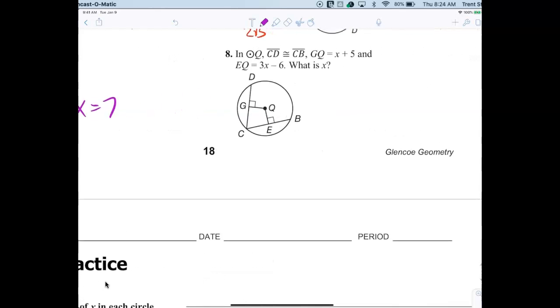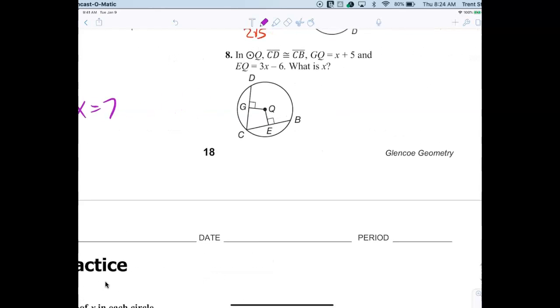All right, and then here, it's telling me that EQ is, they're saying that the arcs or the chords are equal. So if the chords are equal, then their distances are what? From the center of the circle. They're equal, right?